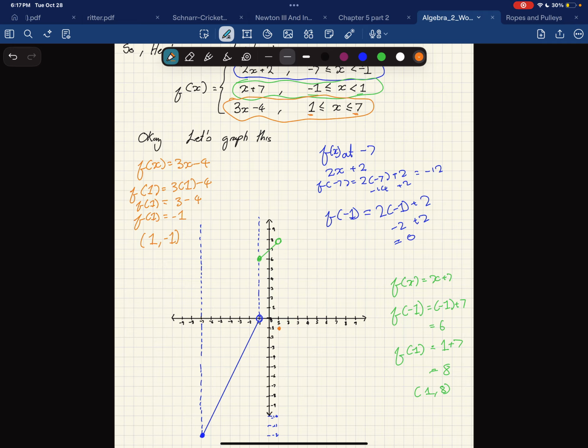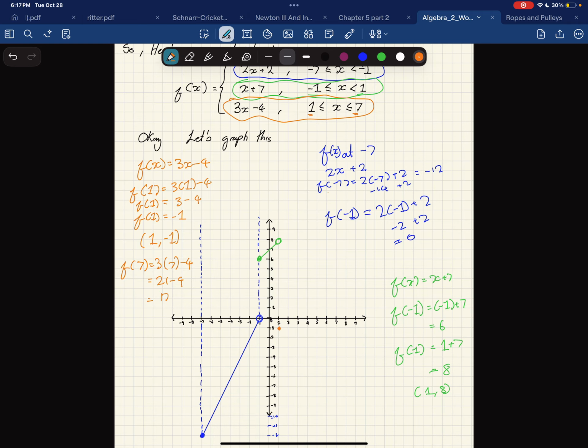Let's check our final point. x equals 7. Oopsie, wrong notation. f of 7 will be equal to 3 times 7 minus 4. It's going to be 21 minus 4, which is going to be 17.